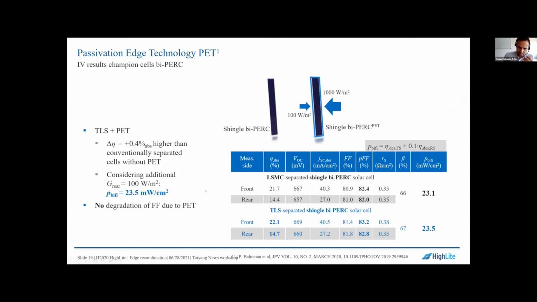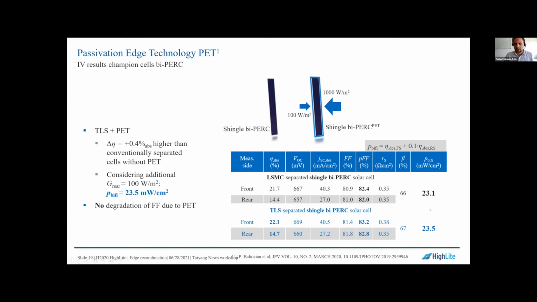Okay, so what comes out by doing solar cells? So we're having this shingle B-perk solar cell. And we can see here, we're reaching an efficiency of 21.7. And then using our passivating edge technology, PET, we're reaching 22.1. And since it's a bifacial solar cell, we can add also some rear illumination here, considering an additional 100 watts per square meter.